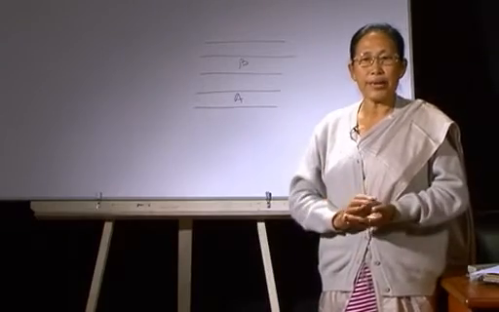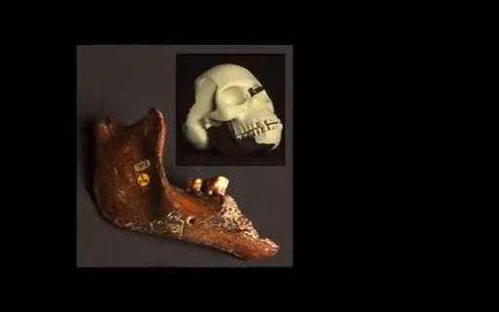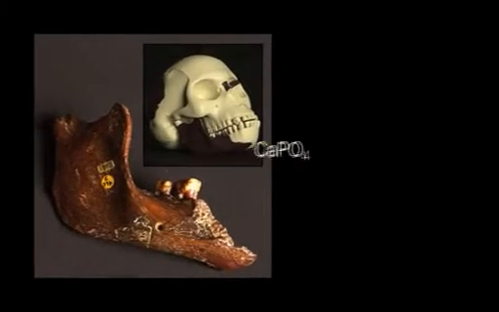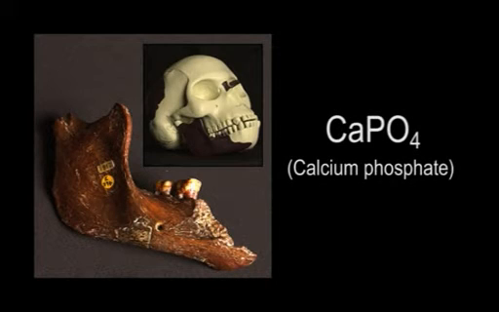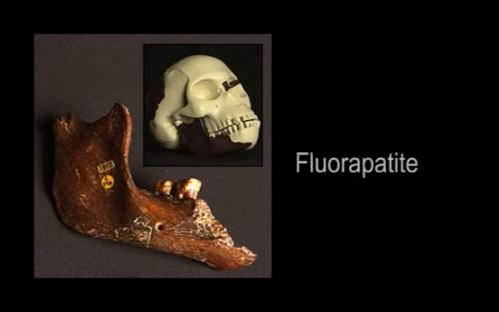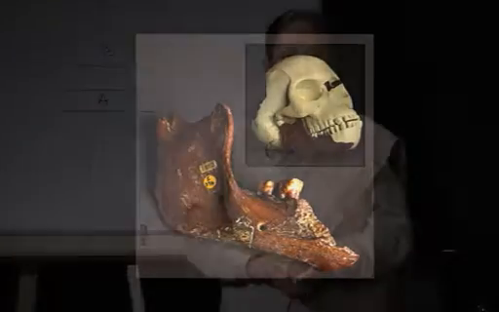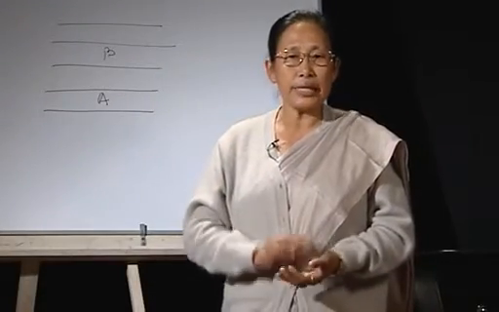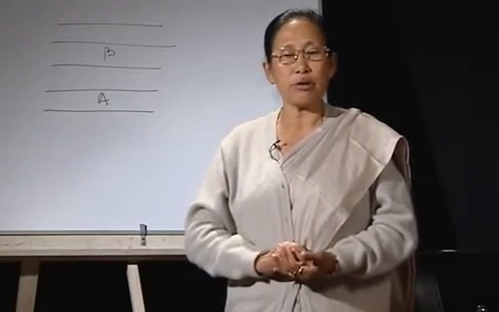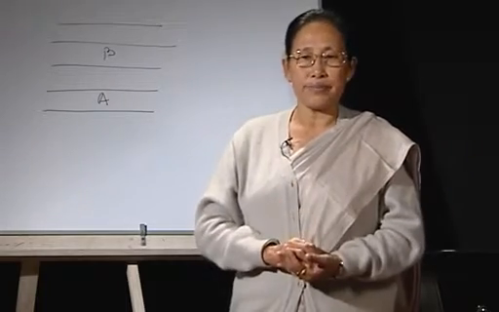It depends on the fact that bone and tooth, that is calcium phosphate, absorb fluorine dissolved in percolating water and form fluoroapatite compounds. At any given site, bone, that is human and animal, of a particular age will yield the same percentage of fluoroapatite.